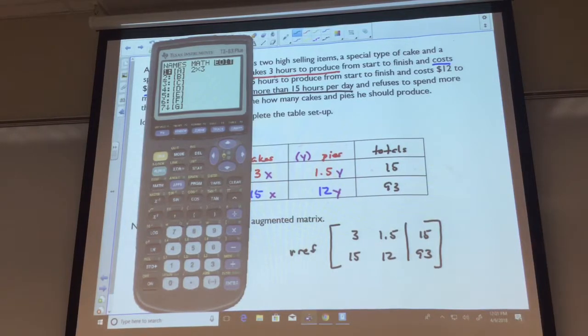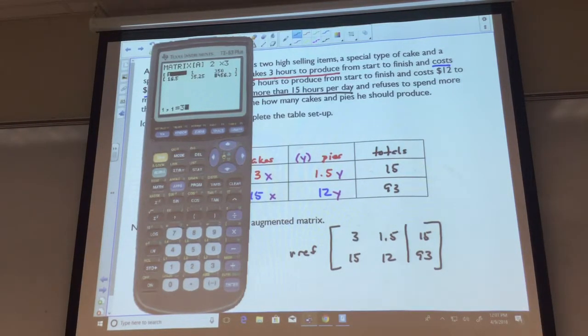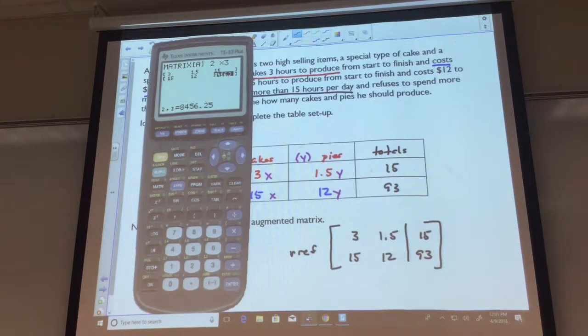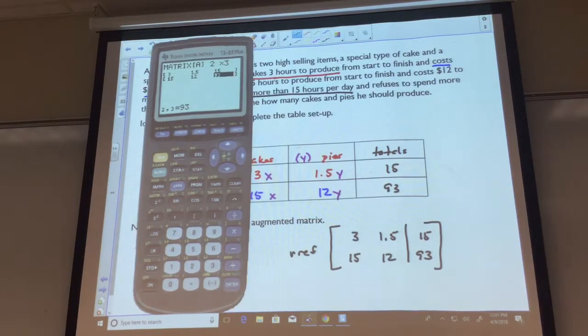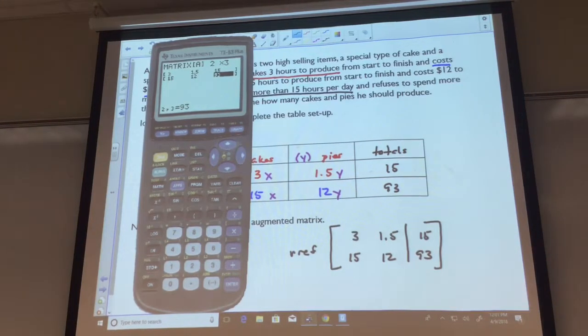Okay? We still want 2 rows and 3 columns, but the ingredients we want to work on are a little bit different, aren't they? So the ingredients are 3, 1.5, 15, 15, 12, 93. Enter the matrix menu.